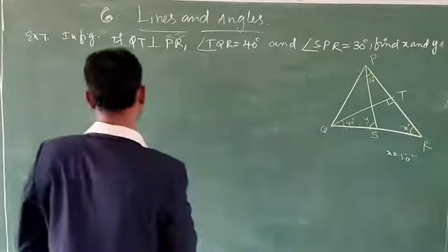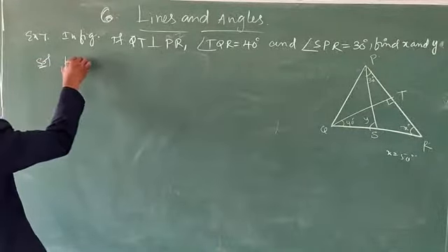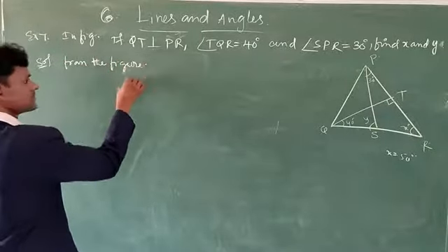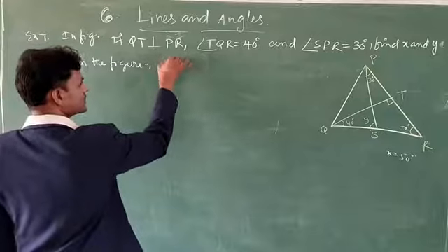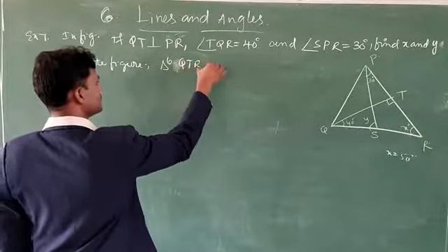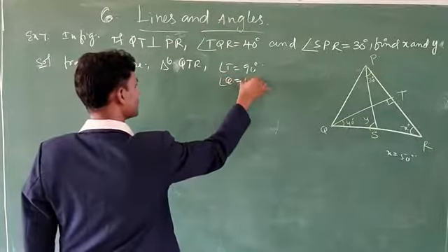Now see here, from the figure, in triangle QTR, angle T is equal to how many degrees? 90 degrees. Angle Q is equal to 40 degrees.